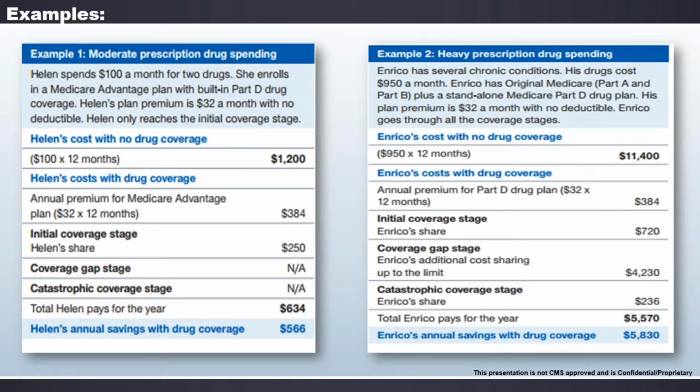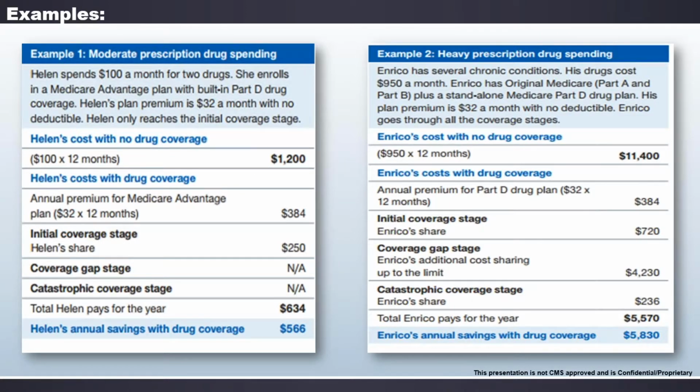But I did want to throw up some different examples of different prescription spending and how it looks. Here's a scenario: Helen spends $100 a month for 2 drugs. She enrolls in a Medicare Advantage plan with built-in Part D drug coverage. So it's built in, not standalone. Helen pays a premium of $32 a month with no deductible.